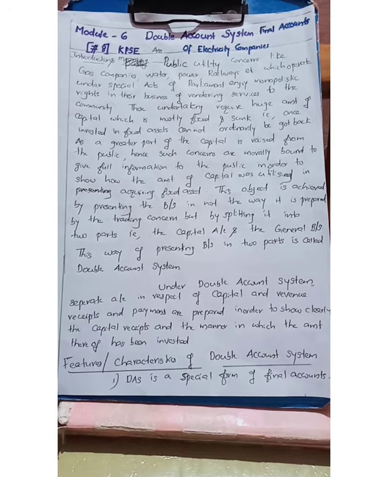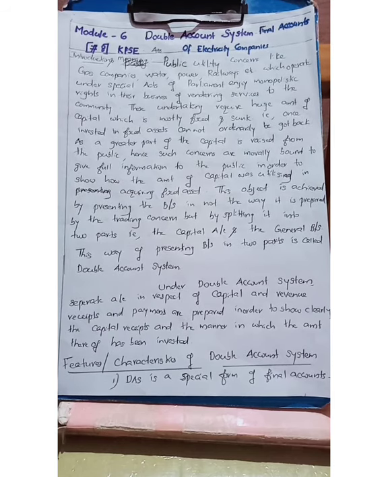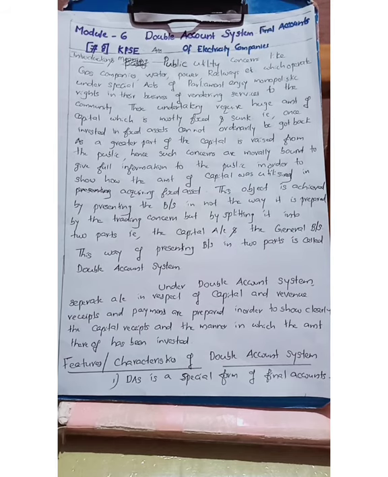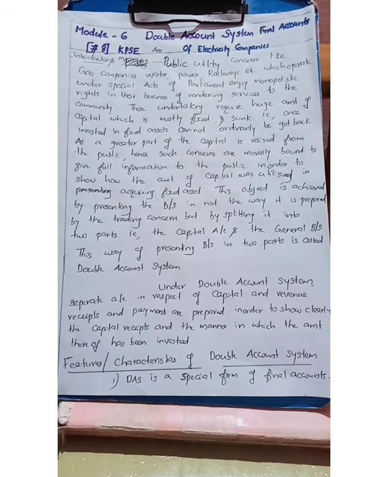Most of the public utility concerns like water, railway, gas companies, etc., operate under a special act of the Parliament, and this type of enterprise requires a huge amount of fixed capital for procuring fixed assets.